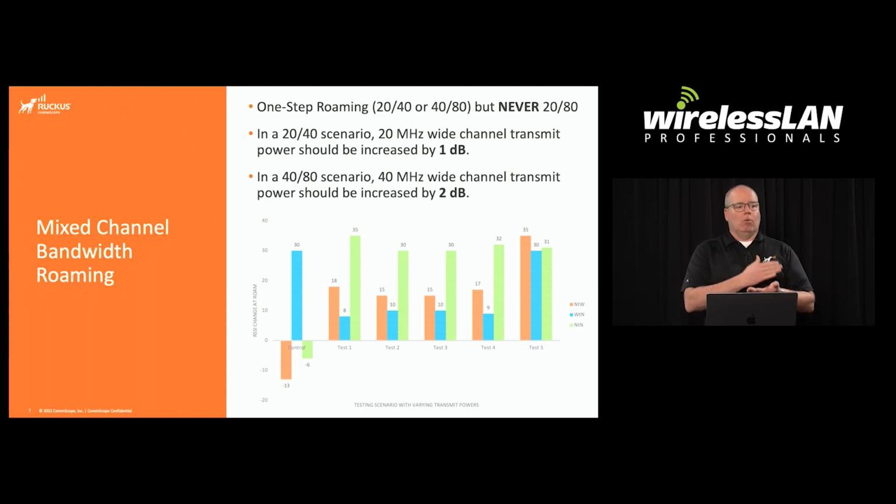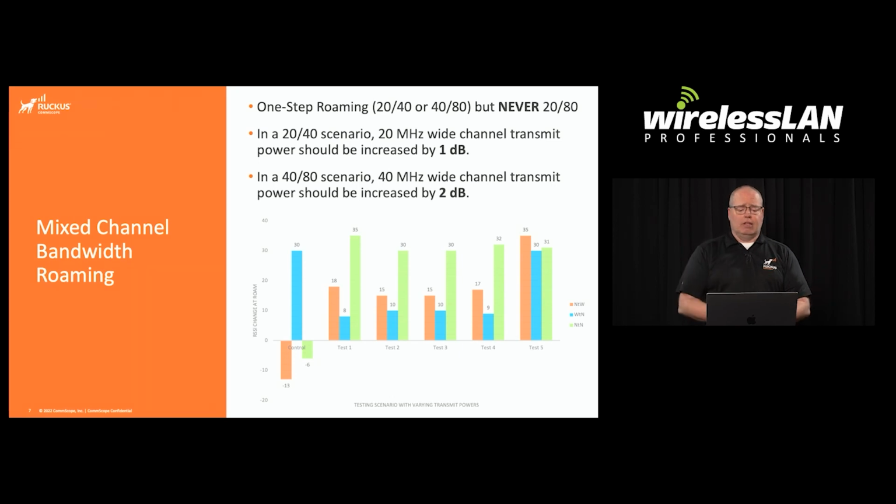So you don't want to have an AP running 20 megahertz wide channels next to an AP having 80 megahertz wide channels, because the clients won't roam when they have to step up twice, right? So the AI RRM will take that into account. It'll put a 40 and then it'll have an 80 on this side and maybe a 20 on this side, so you've got a step to be able to roam through.